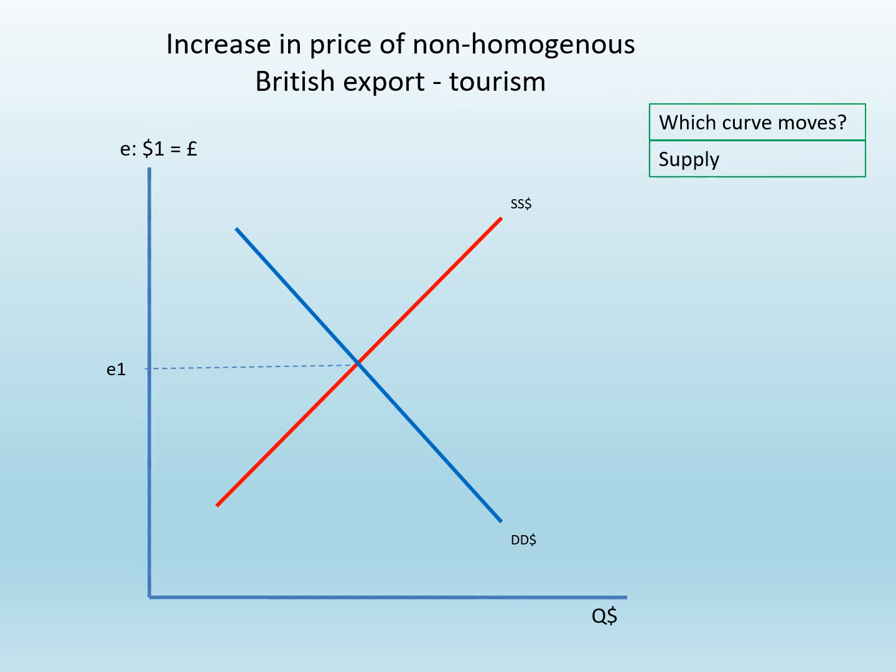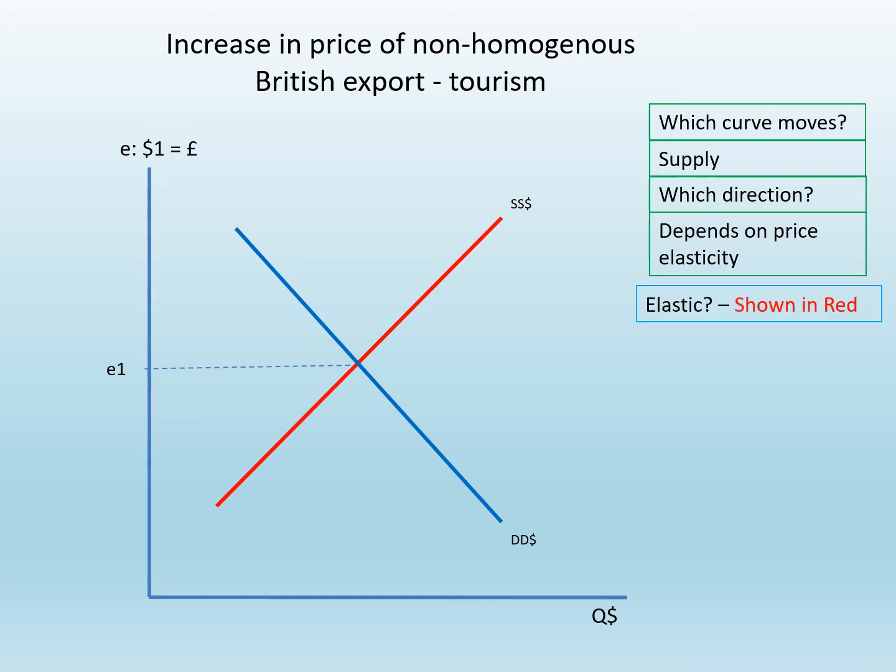Well, clearly the supply curve moves, because if you're going to the UK and you're going to stay in accommodation and eat in restaurants, you would be supplying foreign exchange. The next question, which is a more difficult question to answer, is in what direction? And that is not a question we can answer without actually knowing what the price elasticity of British tourism is. Is it elastic or is it inelastic?